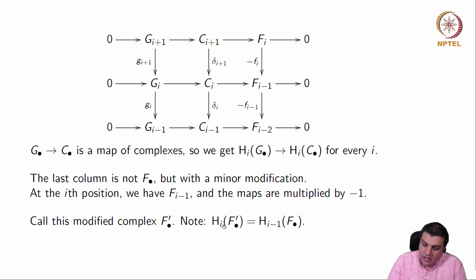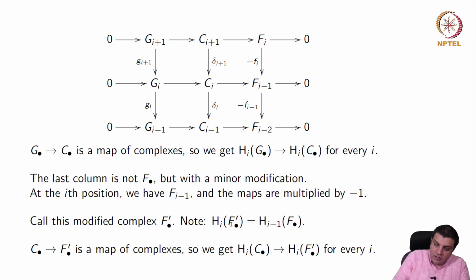The observation that we need to make is that Hi of F prime is Hi minus 1 of F. The kernel and image don't change if you multiply by minus 1, and while computing homology, the only thing that we have done is change the indices. So the homology we would have obtained at the i minus 1 position, if we are treating it as F, we would now get at the ith position.